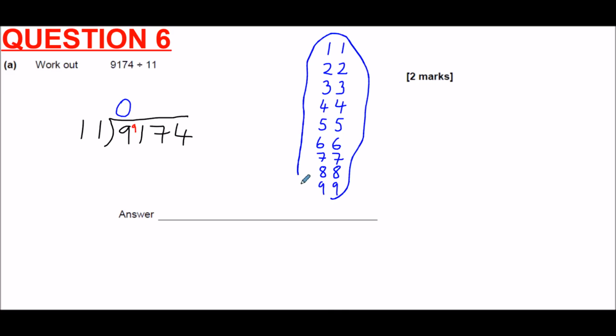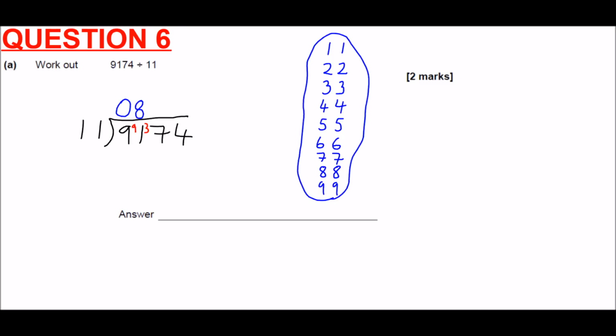So we can see here how many 11s fit into 91 by just looking down. 1, 2, 3, 4, 5, 6, 7, 8. So we can fit 8 11s into 91. 8 11s is 88, which is still 3 away from 91. And so the remainder is 3 this time around.